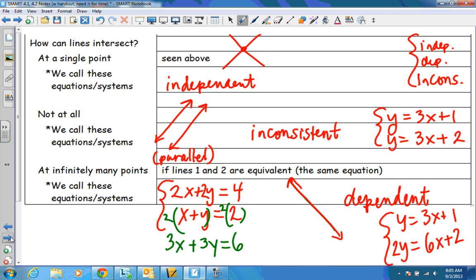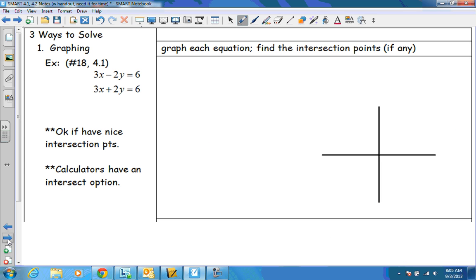Okay. So we're going to solve these by graphing, substitution, and elimination, and we'll go ahead and classify as well, even though I don't think it has that. So we're going to do this first one. And if it wants me to solve by graphing, what do I first need to find?